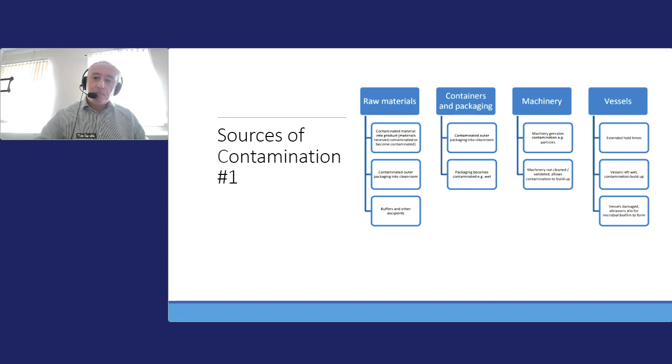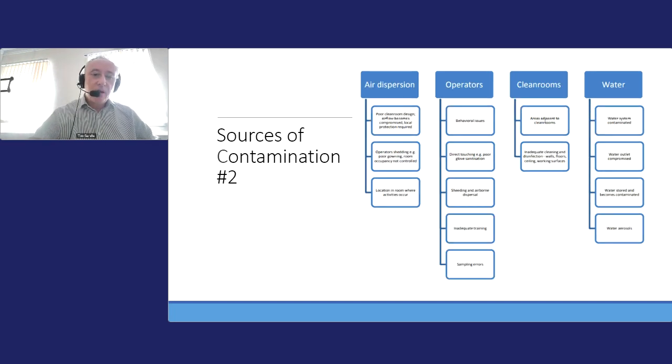And then we can also extend this to consider things like design of the clean room, particularly with air dispersion. So we need to have an understanding of what the likelihood of contamination being blown towards a product, particularly where we've got open processing, with the training of operators, so the mindset of behavioural issues and gowning controls, clean rooms, which we've touched upon, but in particular, one of the vulnerabilities is areas adjacent to clean rooms.